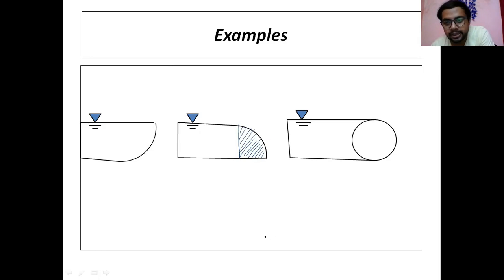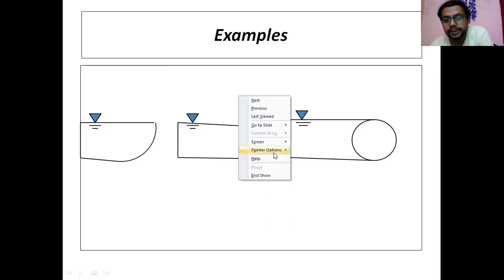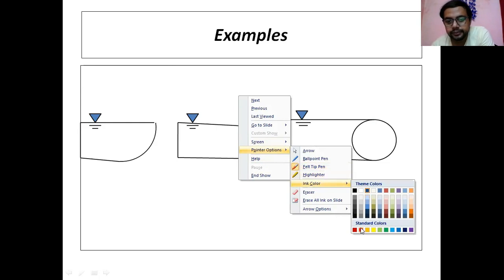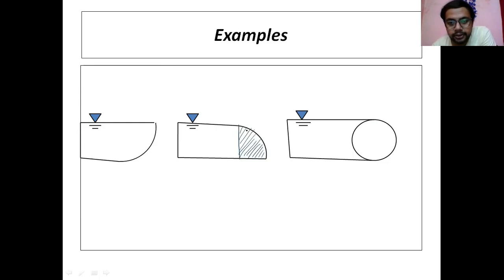Just like the buoyancy concept, which we'll see in the next topic, the total force acts in the opposite direction. So this much liquid weight is displaced by the curved surface. It is considered in this way.